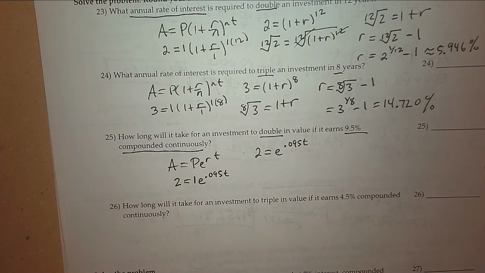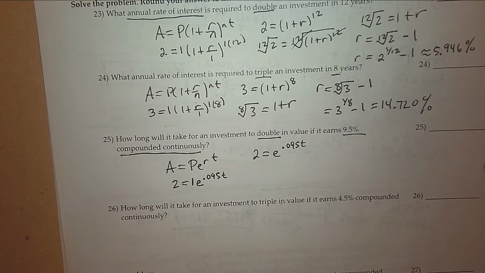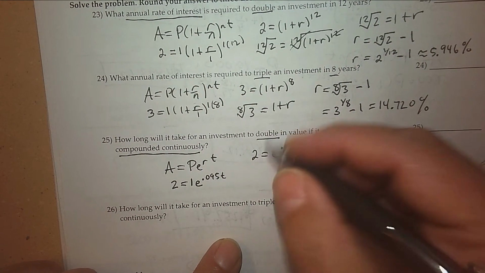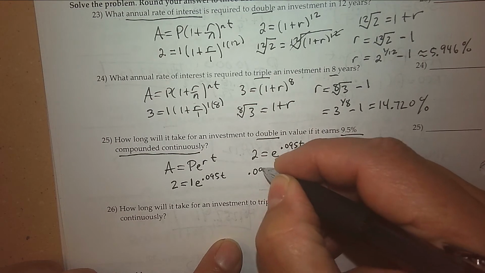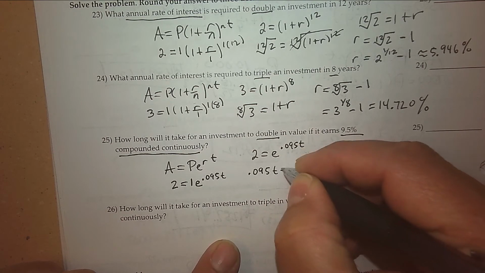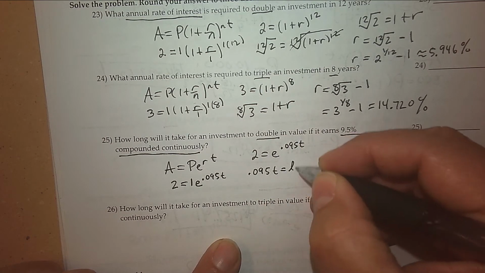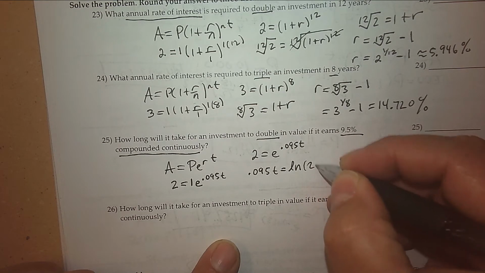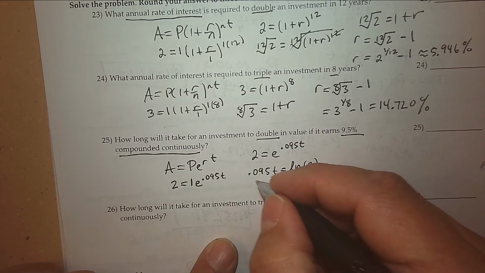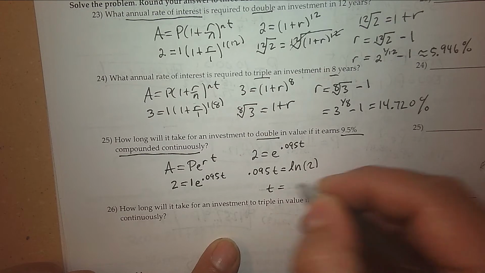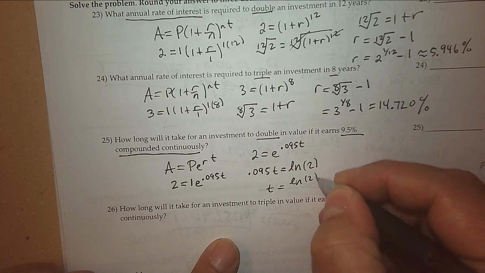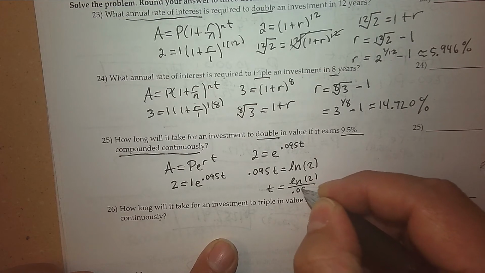To solve an exponential equation, we need to undo it using that logarithm is the inverse. So to write this as a logarithm, the exponent is 0.095t. The logarithm with the base of e is ln, and then what goes inside it is 2. And then to get t by itself, we would divide. So it's ln 2 divided by 0.095.